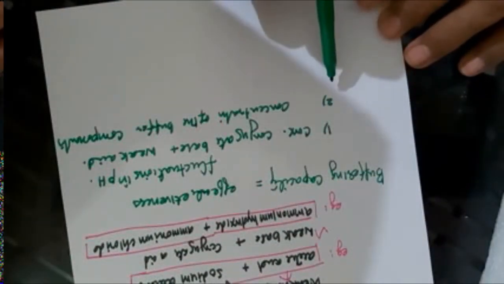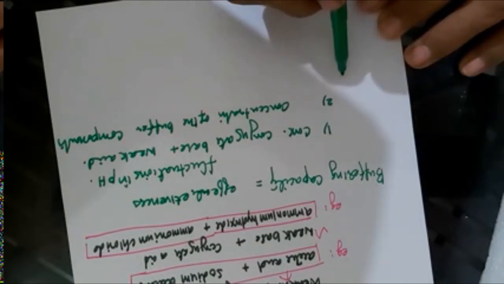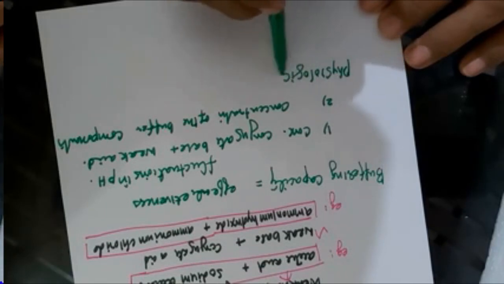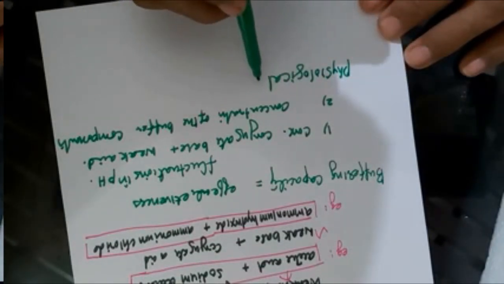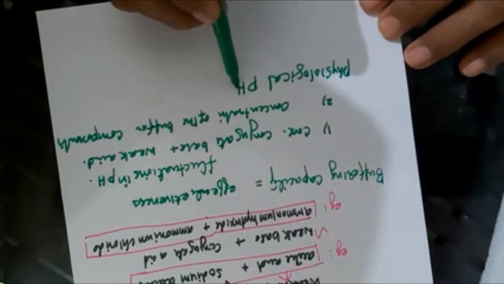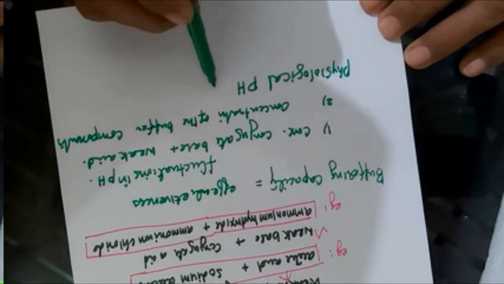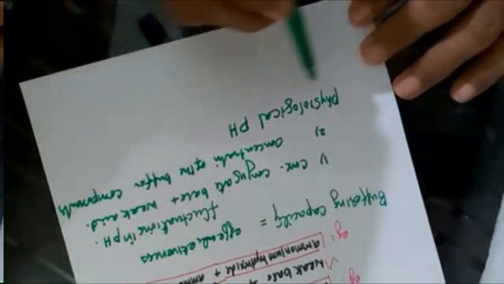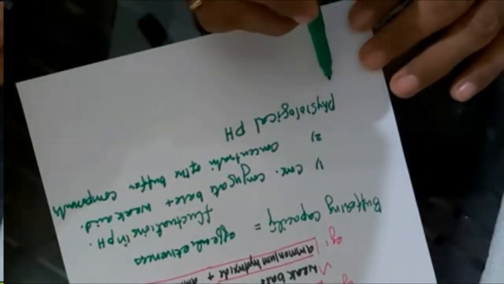And what is the importance of this buffer? It maintains the physiological pH. The main function of the buffering system is that it maintains the physiological pH of the cytoplasm and extracellular fluid. So what are the major buffers in the human body?